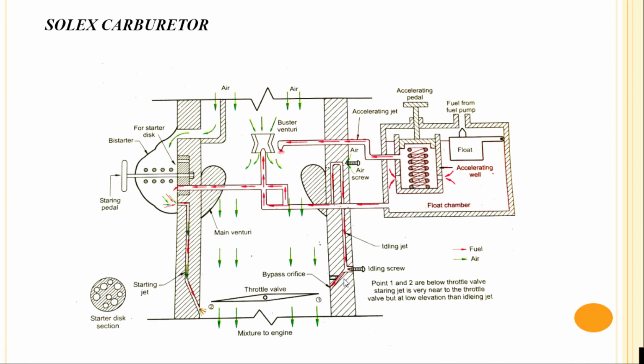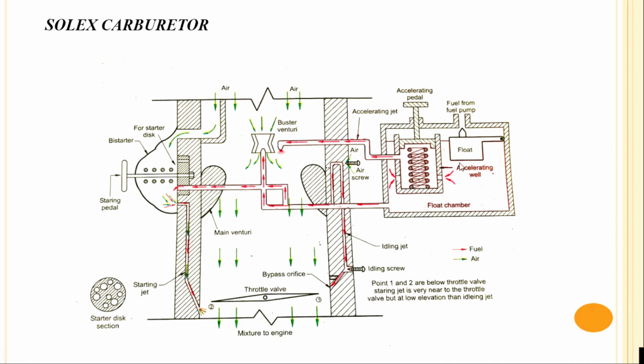Now next one is the accelerating jet. A separate accelerating pump is provided in this carburetor. Whenever the accelerator pedal is pressed, extra fuel is supplied through an accelerating jet.